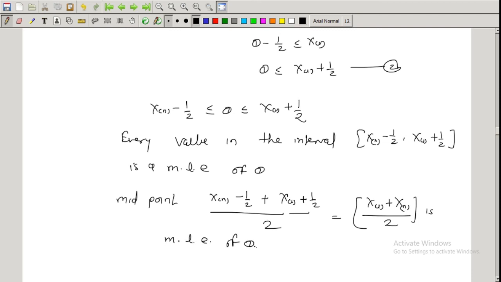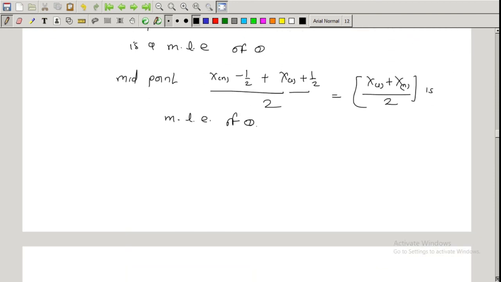So in this way we can calculate the MLE for different parameters. Example number 5.